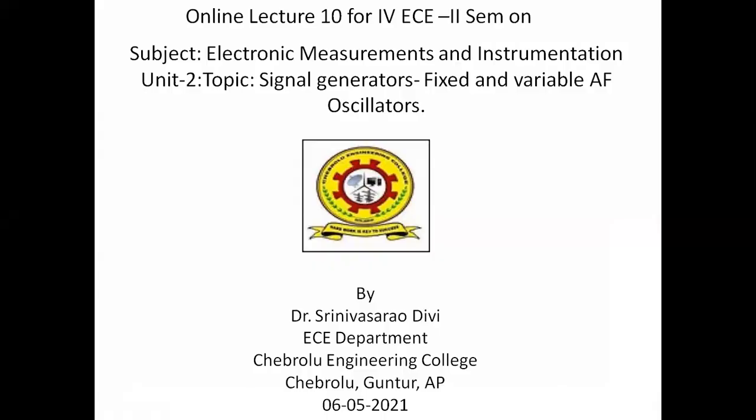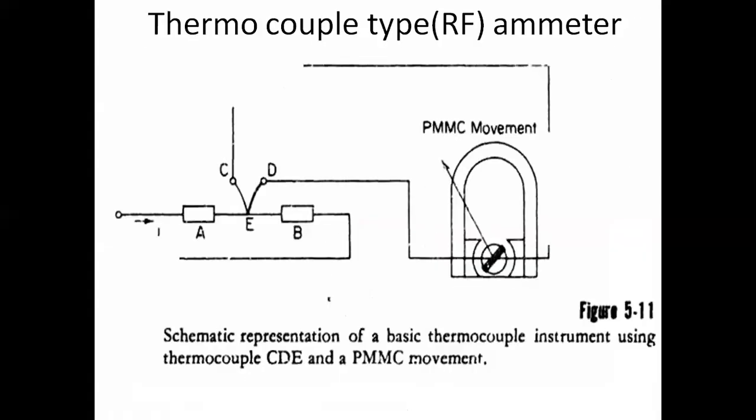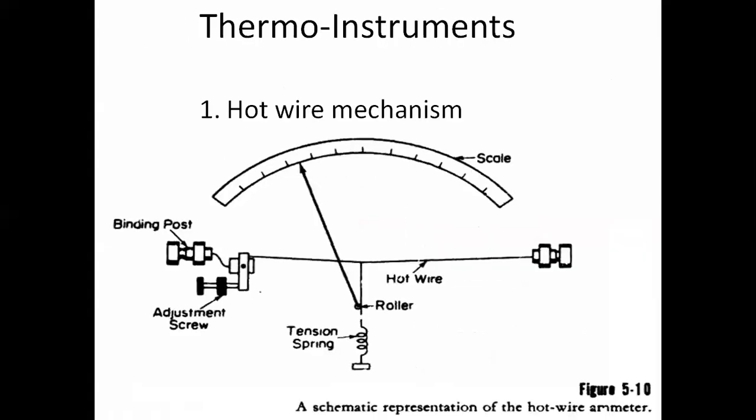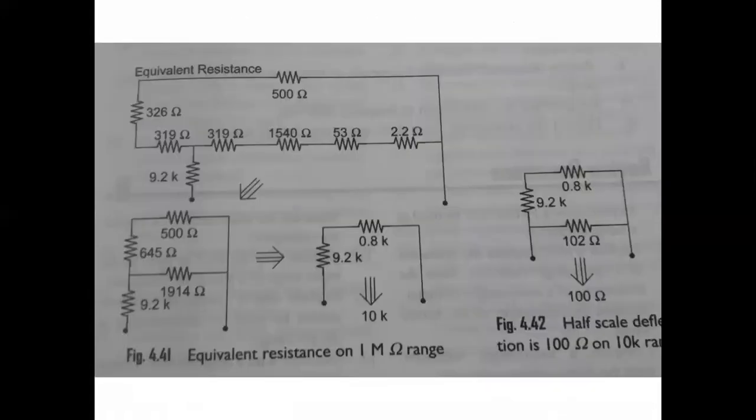So, in the last class, we have seen the multimeters, different types of multimeters, in which we have the ohm meter, ammeter, and voltmeter. So we can construct all the three, voltmeter, ammeter, and ohm meter, in a single meter.